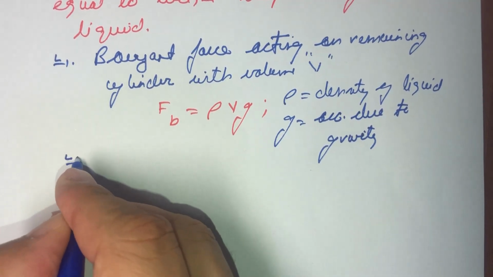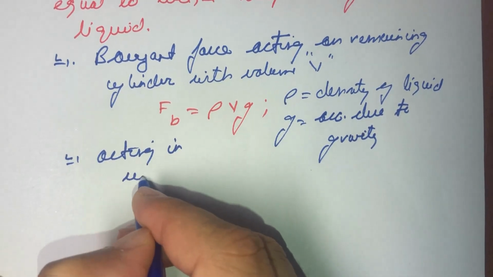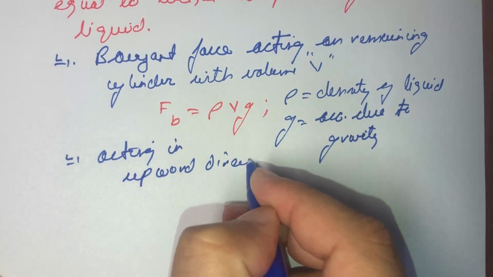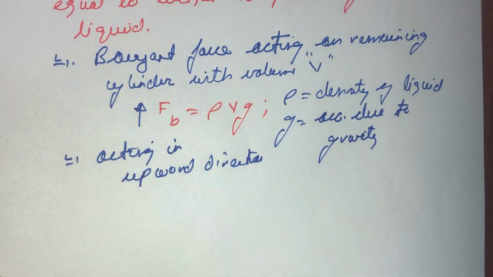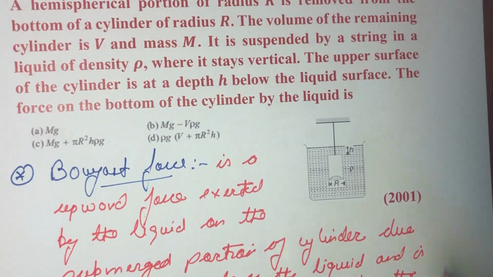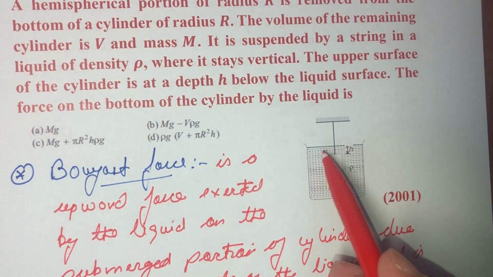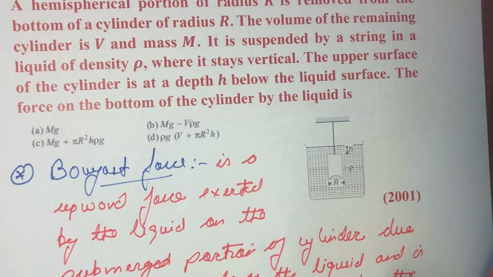So the buoyant force will be acting in the upward direction. Now there will be some force on the topmost edge of the cylinder because of the liquid that is at a height h above the cylinder.